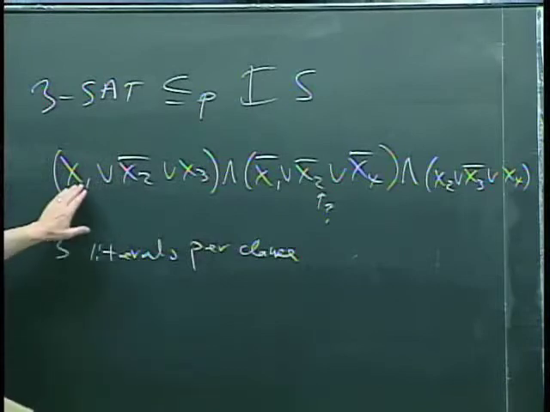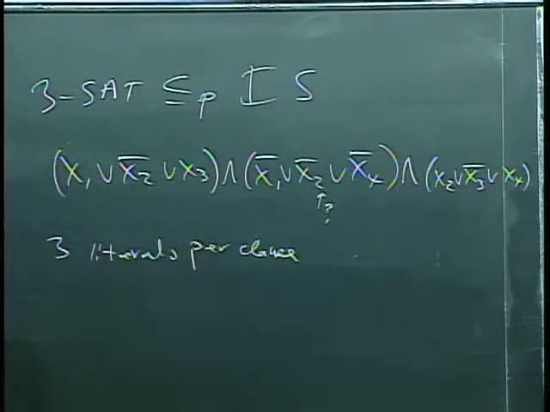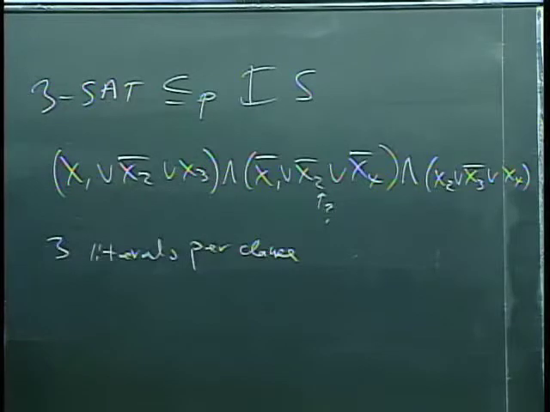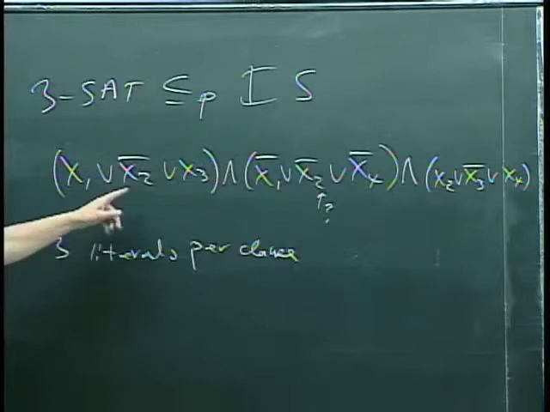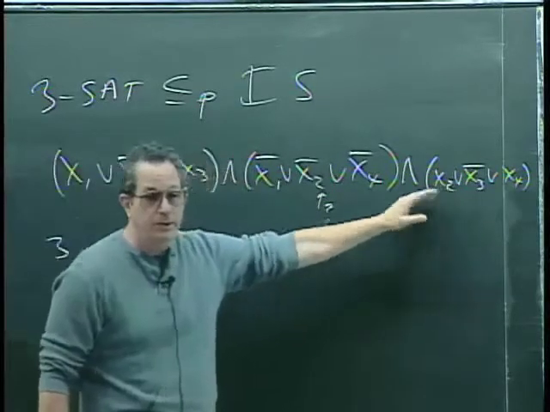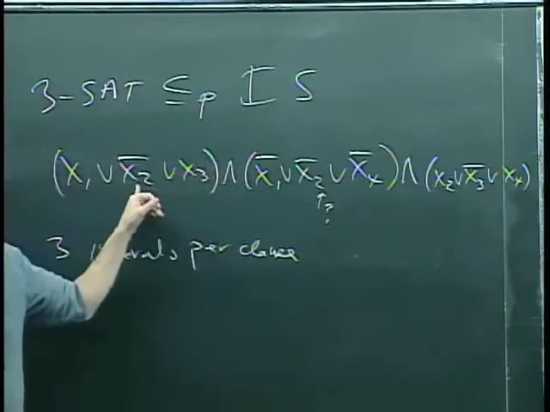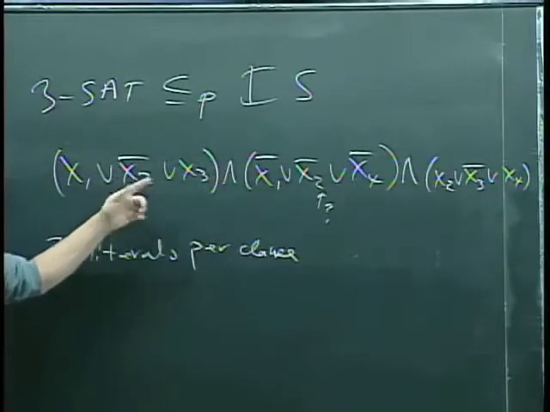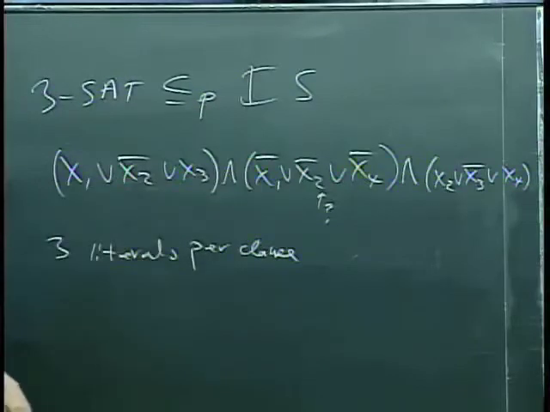And it's a satisfiability problem. The question is, can we assign true and false values to the variables to make this whole formula true? You assign the values to the variables, not to the literals, because if you make x2 true, that automatically makes x2 bar false. You can't assign truth values to x2 and x2 bar independently.